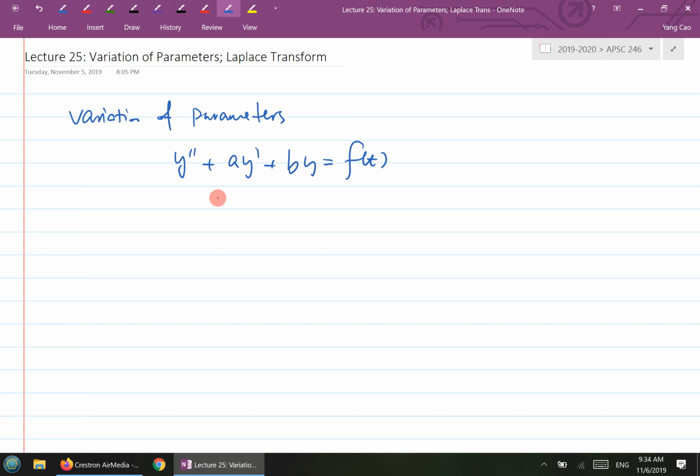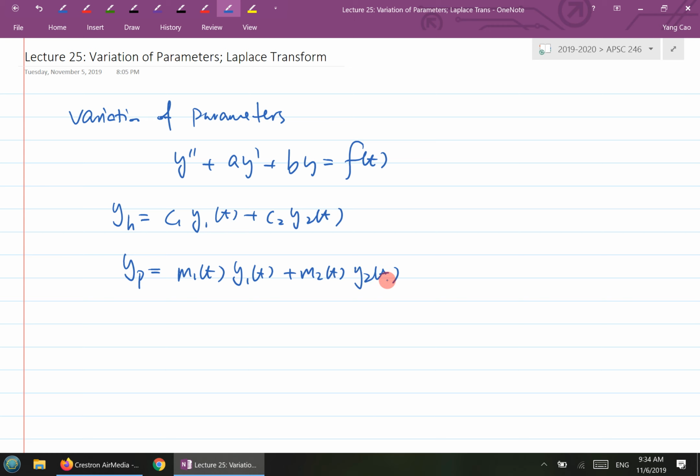When you have an equation like this, its homogeneous solution is this. We can let our yp, the particular solution, equal m1 times y1 plus m2 times y2, where m1 and m2 are functions of the parameter t. That's why they call it variation of parameters.